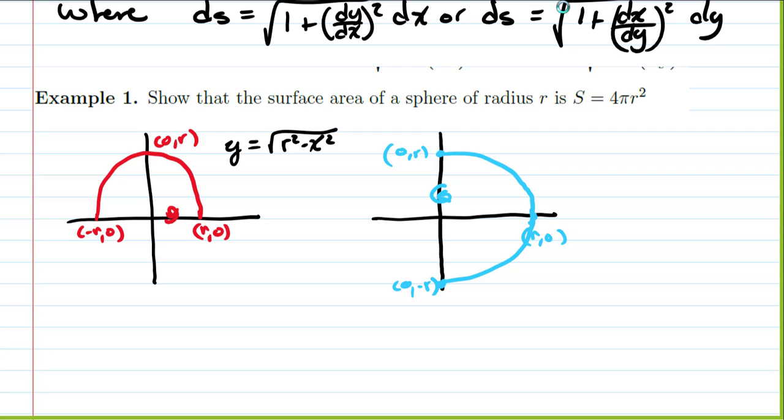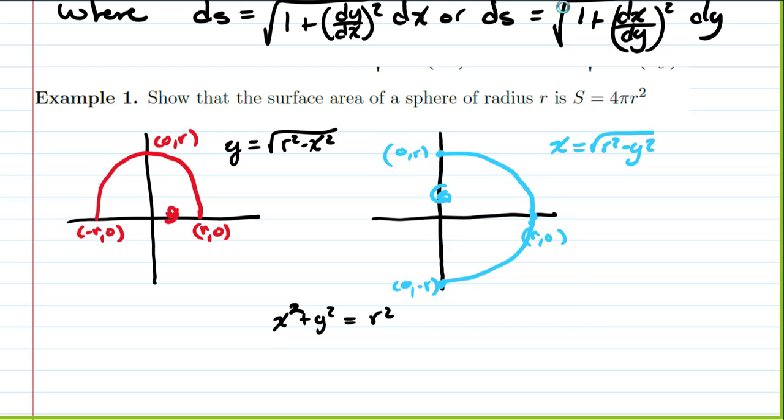So the equation in blue up here would be x is equal to the square root of r squared minus y squared. And this all comes from the fact that the equation of the circle is x squared plus y squared equals r squared. If I solve this equation for x by moving y squared to the other side and taking the square root, that gives me this equation. If I solve for y by moving x squared to the other side and taking the square root, I get this equation.